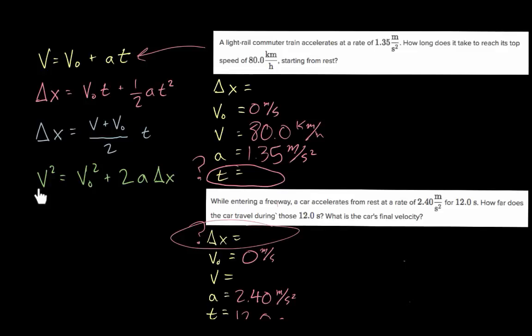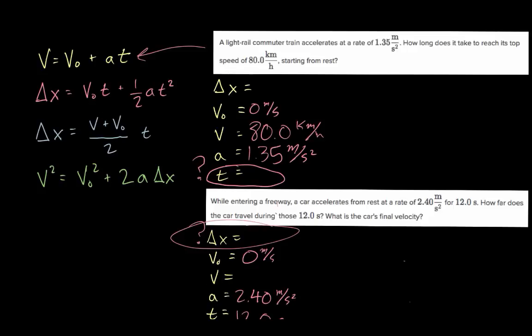This one has that final velocity in it, so we can rule that out. I see this one also has the final velocity. This one doesn't have the final velocity. So let's look at that. It has the change in position, that's what we're looking for. The initial velocity is right here, so we have that as well.